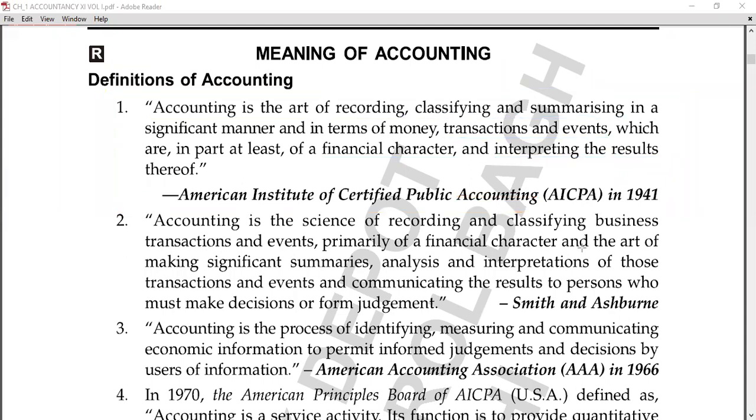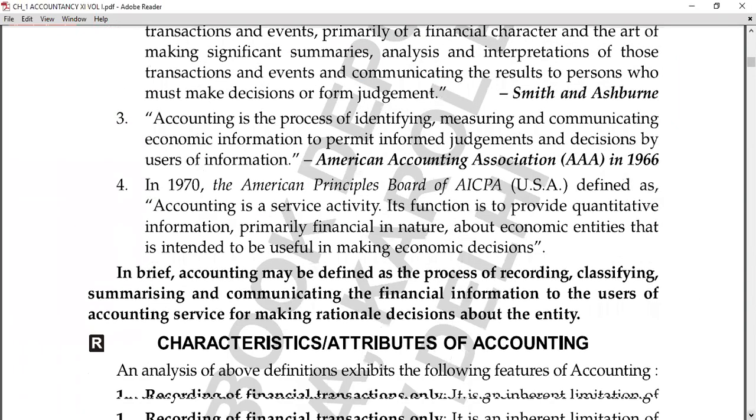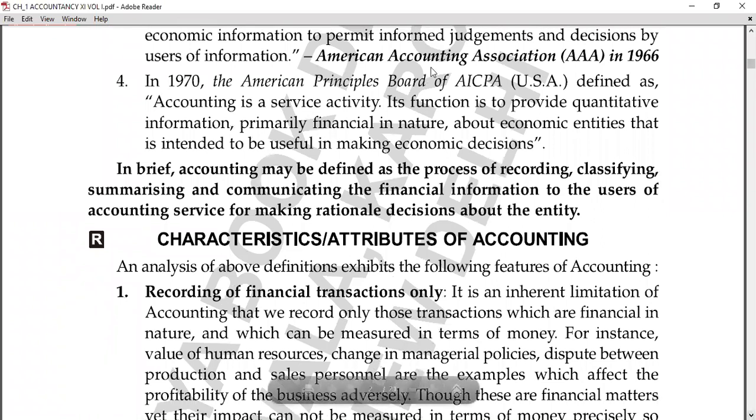Put the next heading, meaning of accounting. अभी जो हमने लिखा ये क्या था? This was the definition. Put the next second heading, meaning of accounting.